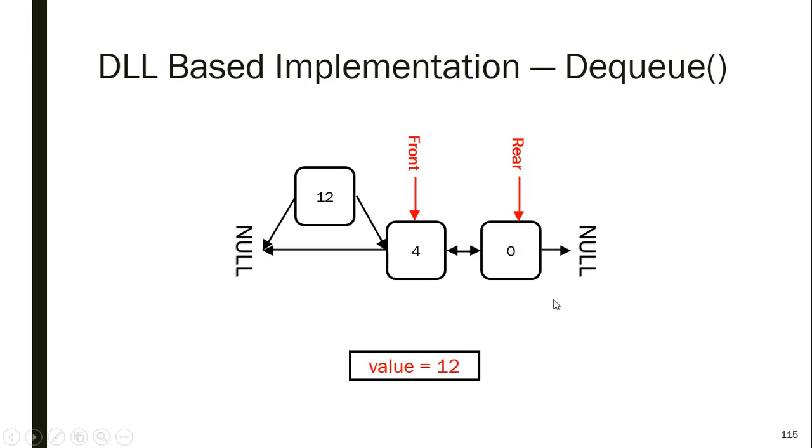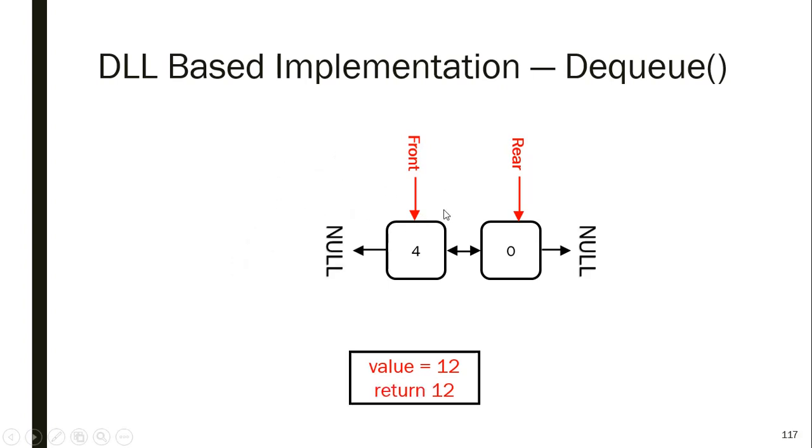If you are using some type of counter or position or size, you can decrement it as needed. You do not need this node, so you can free it from memory, you can delete it, and at the end you will return what you have saved. You will return this 12. So this is a very simple operation.